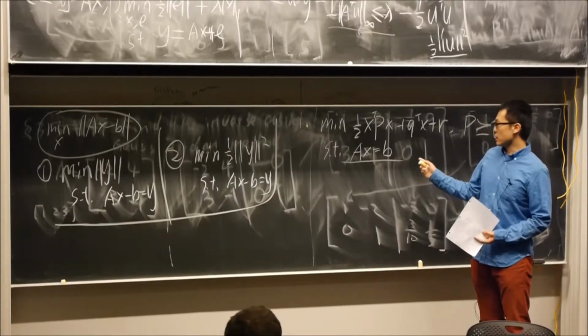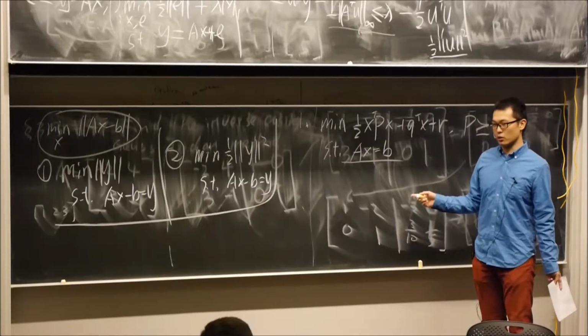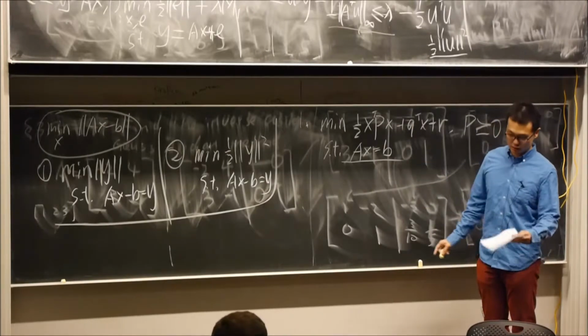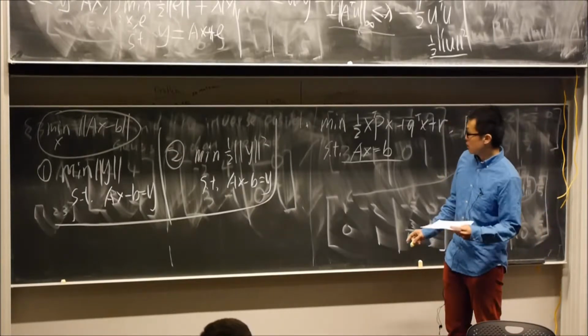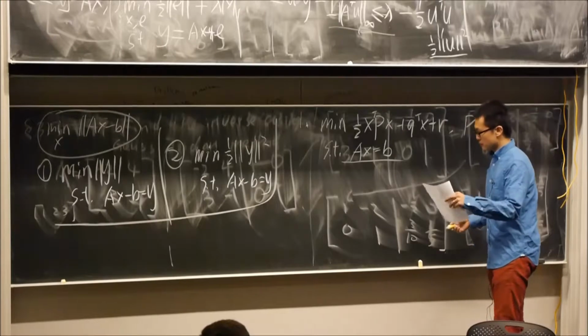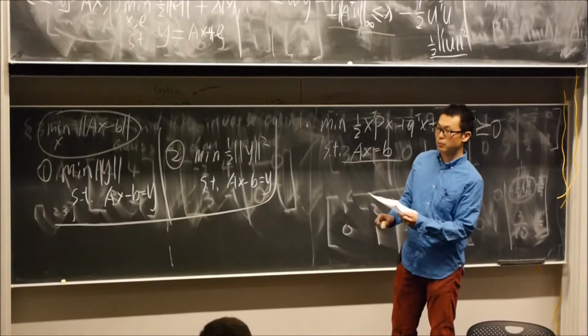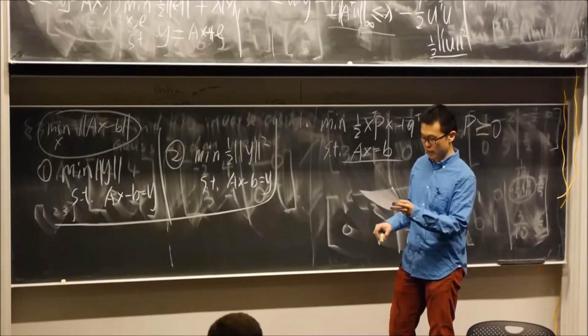Without looking at the KKT condition, we might think of something like projected gradient or gradient descent to solve this problem. But if we just write out the KKT conditions listed over there, it's going to be very easy to solve this by a simple linear system of equations.